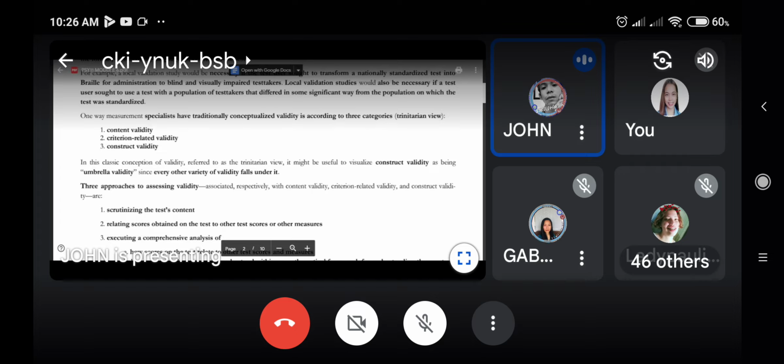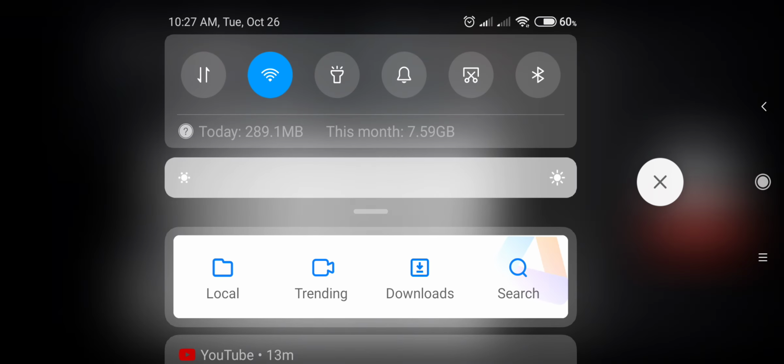Moving on, there are three approaches in assessing validity. The first one is that you need to scrutinize the test content. In scrutinizing the test content, you are doing the so-called content validity. You will go through it item per item to see if the construction of the test is accurate, to see if the language or the words being used is appropriate.